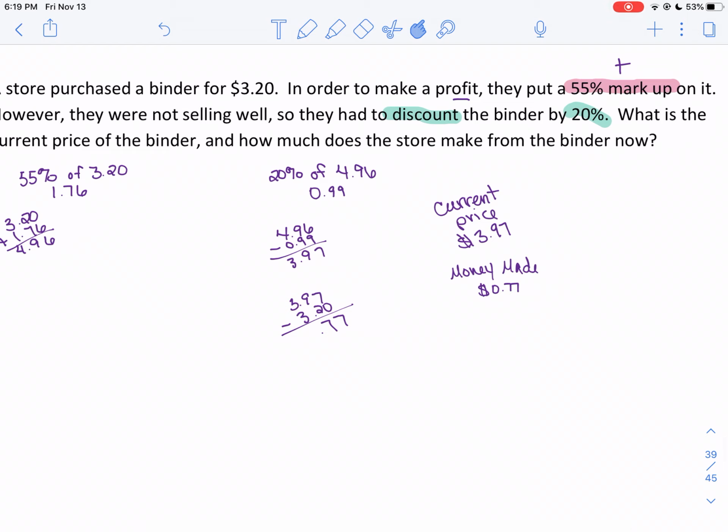Okay, so we answered both questions: the current price of the binder and how much money was made on each binder.